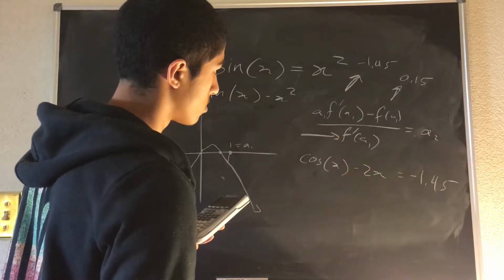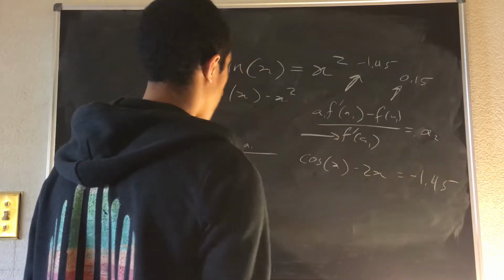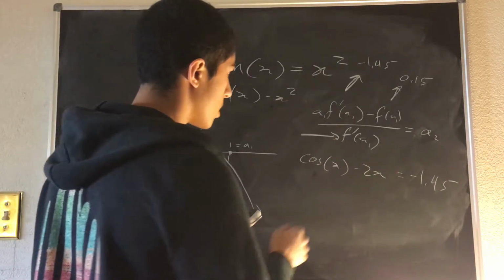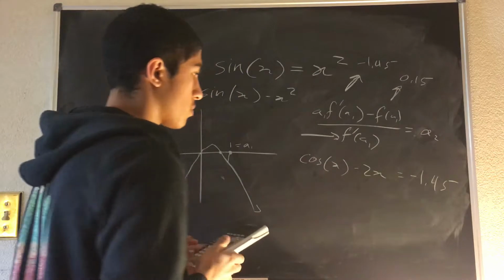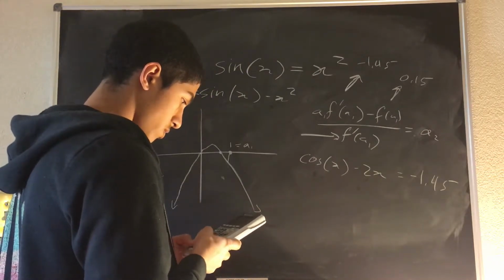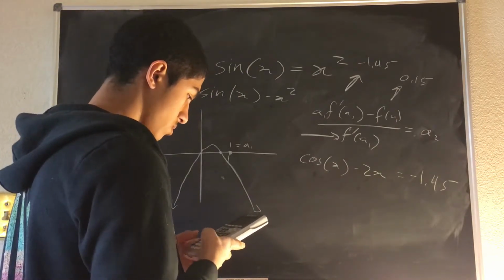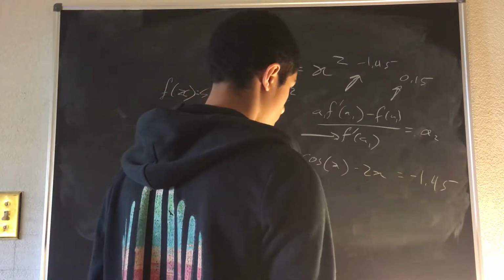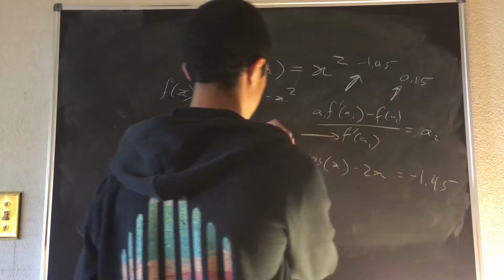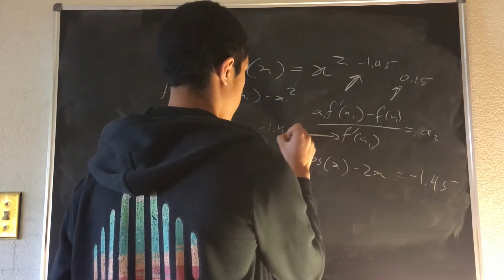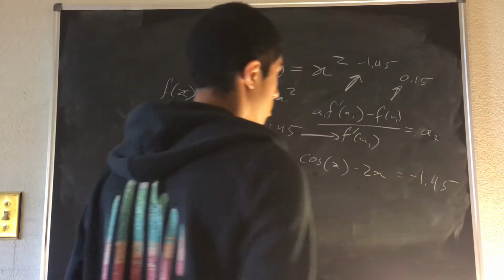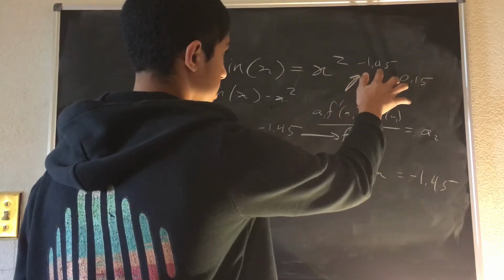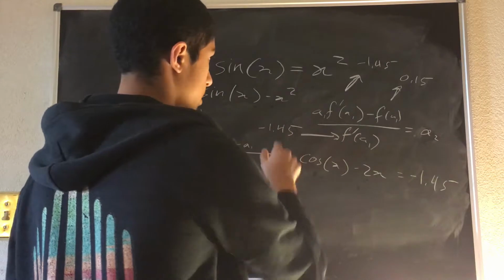And this value over here, f prime of a1, is simply cos of 1 minus 2, which is again negative 1.45. Now let us add these two and divide that by this.